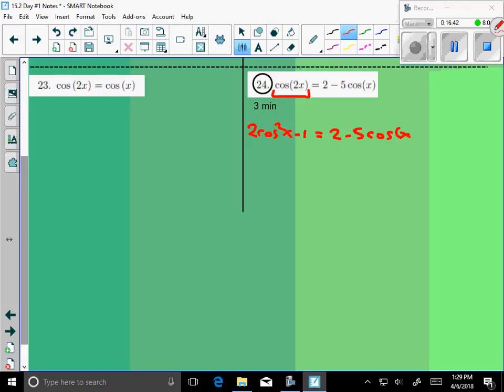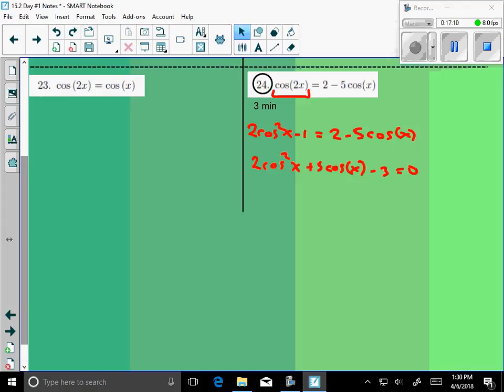Because then they'd all be in terms of cosine. Okay, so you're not going to like me. What is -1 minus 2 more? Okay, and if I add 5 cosine, oh boy, we can factor this.